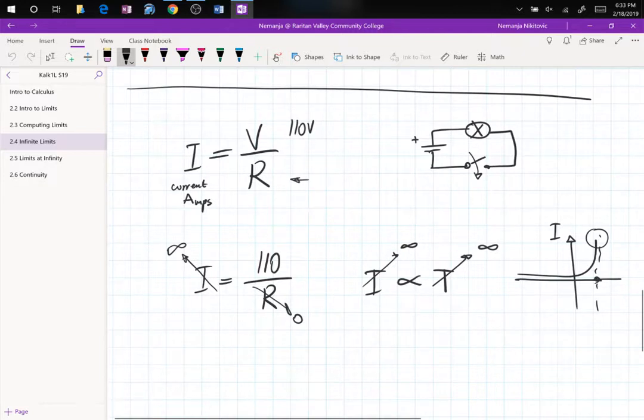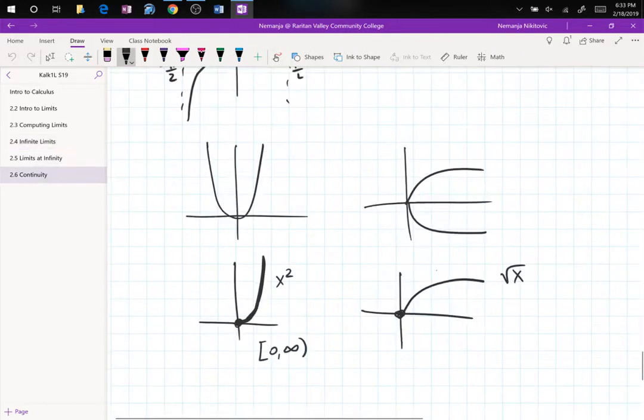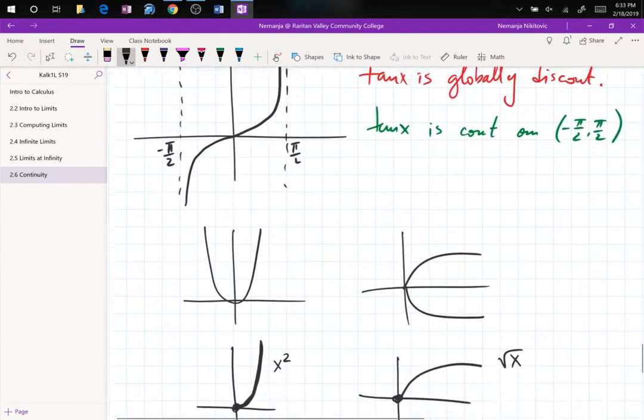So infinite current is trying to make infinite temperature over a short period of time, a release of energy. That's why you get a small explosion when you take the U-shaped wire and stick it inside the outlet, right? So that works that way. Okay, good, perfect.